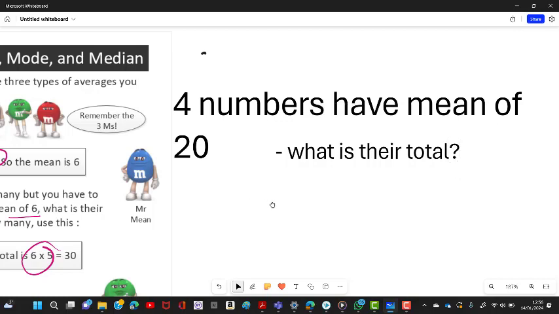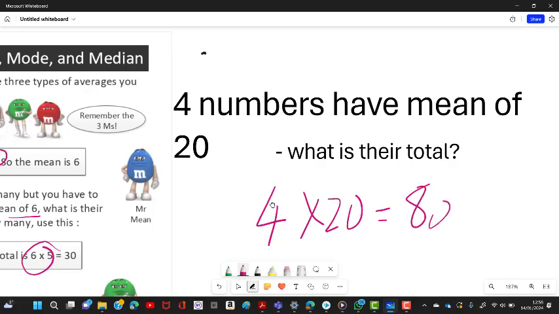That's quite easy. You just multiply the two numbers together. So you do 4 times 20, which equals 80. So their total is 80. You just multiply the two numbers together. Okay, so that's the difficult mean questions.